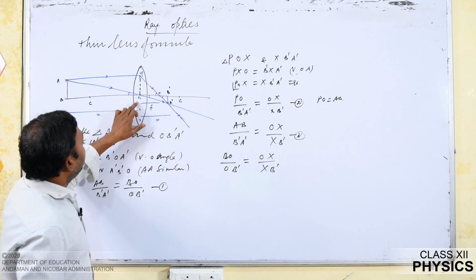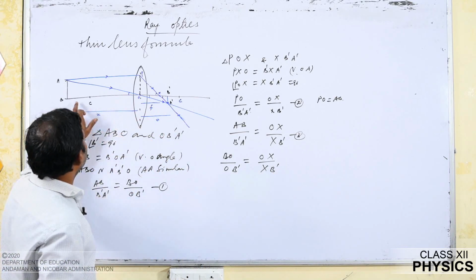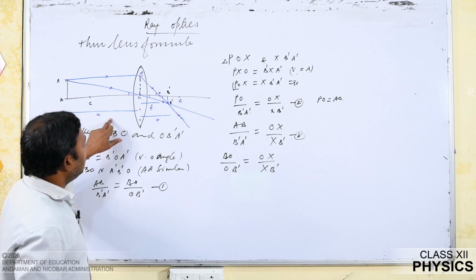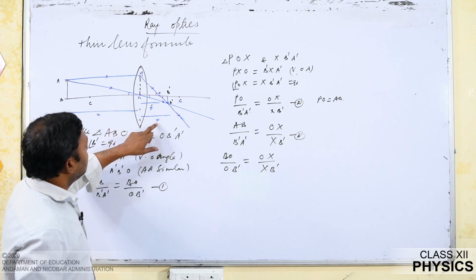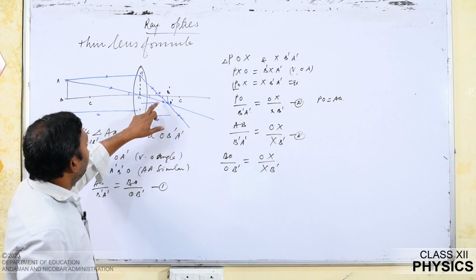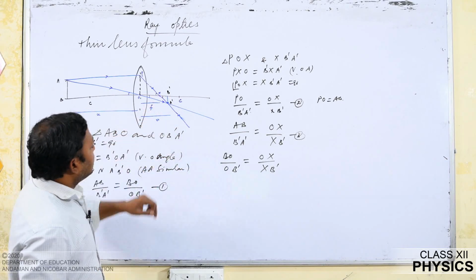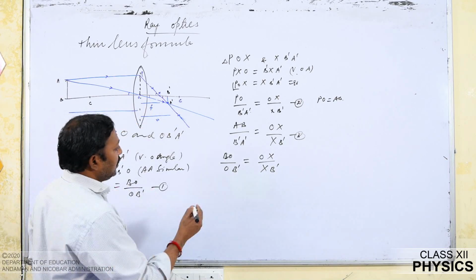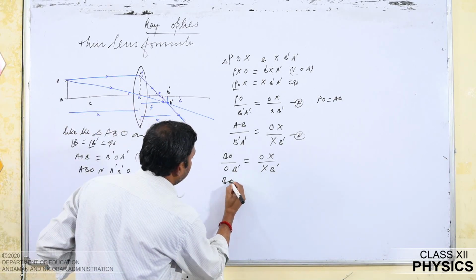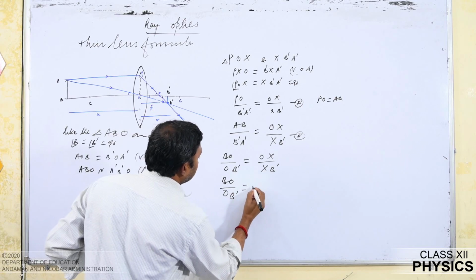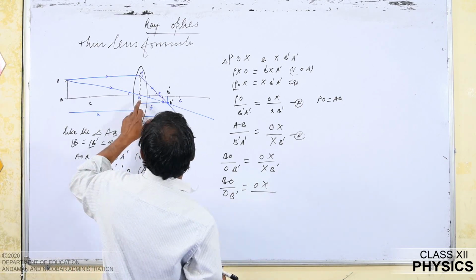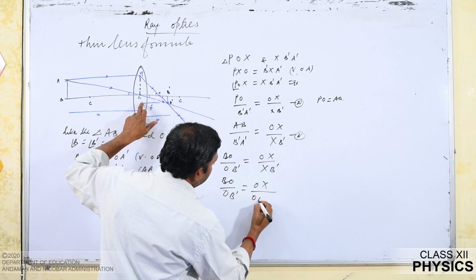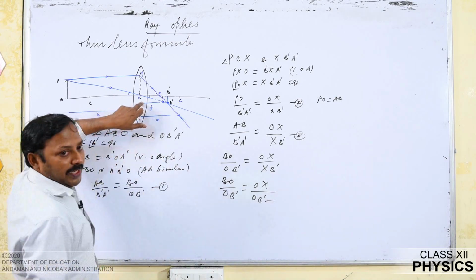Now OX is F, BO is U, that is the object distance, and OB' is the image distance V, and then XB' can be replaced with OB' minus OX. So replacing XB' gives BO by OB' is equal to OX divided by XB', which is equal to OX divided by OB' minus OX.